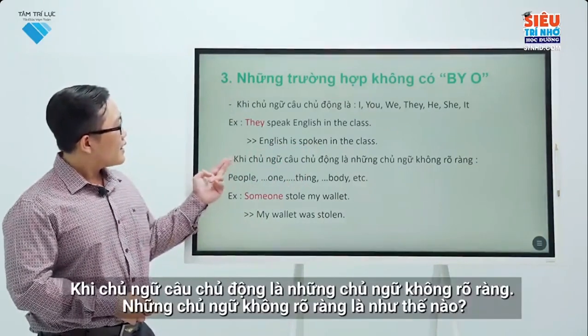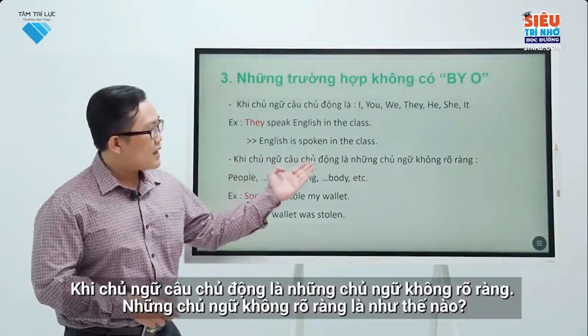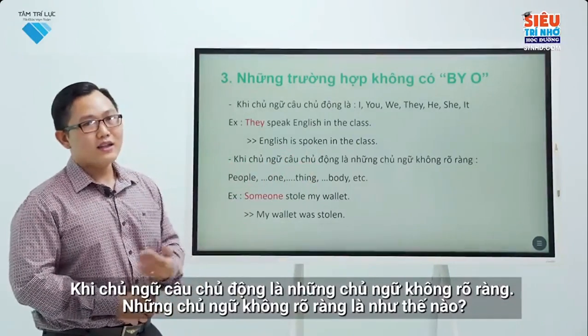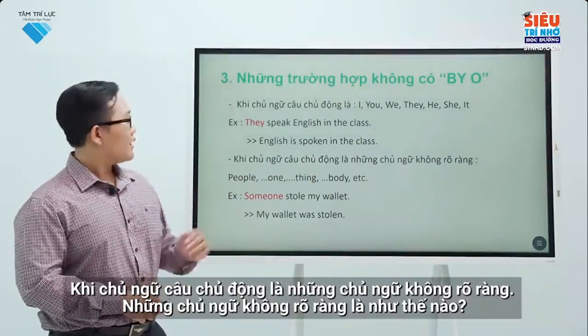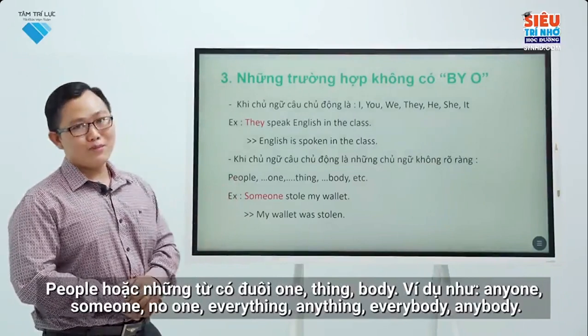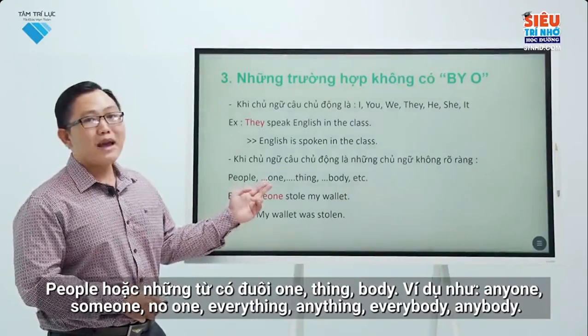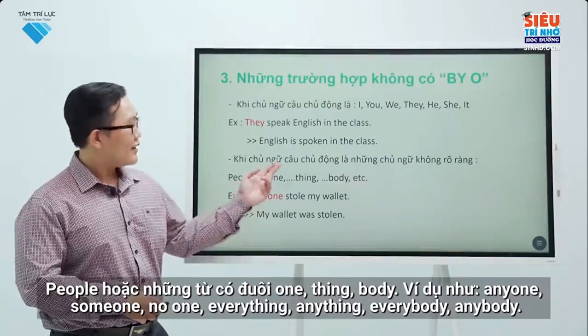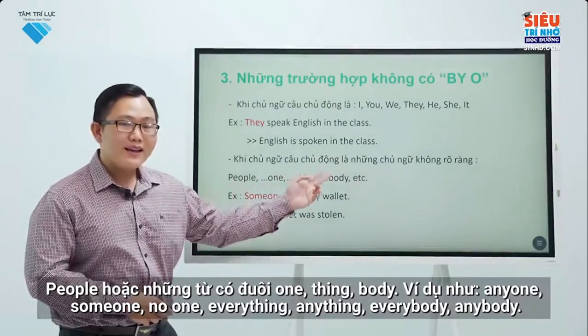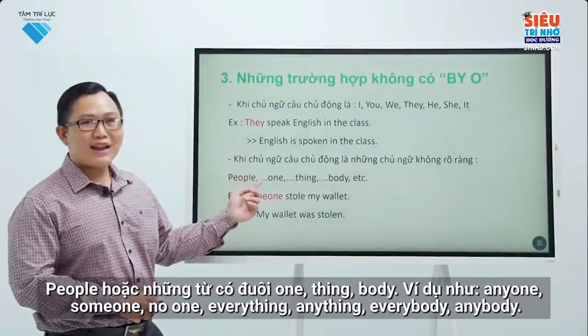When the subjects of the active sentences are unclear subjects, what are the unclear subjects? People or words ending in one, thing, body. For example, anyone, someone, no one, everything, anything, everybody, anybody.